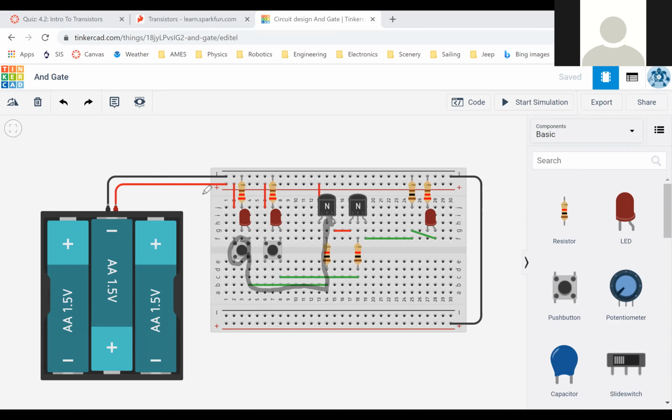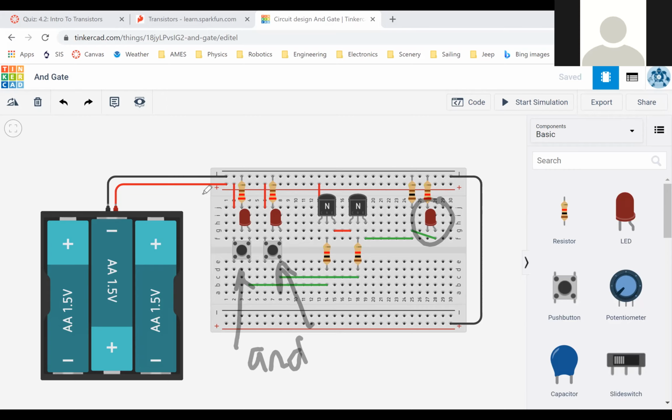And when I push this switch, it comes through here to the input of that transistor there. If you connect things up the way that they're shown here, this light will come on only if this button and this button are pushed.